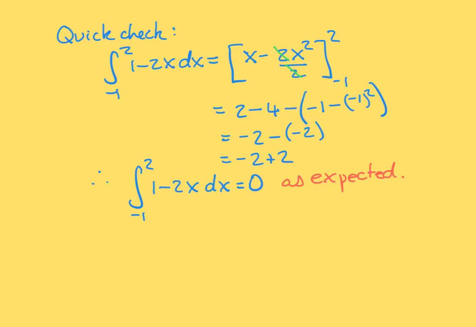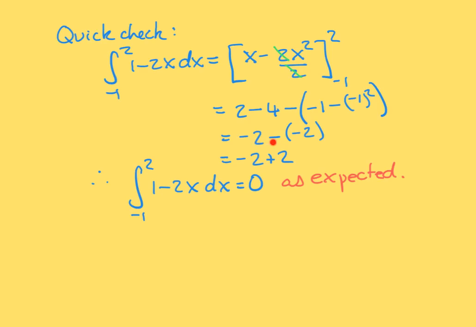And I think after the minus sign, it's very good practice to open a big bracket. So at the lower limit, this is -1, and then we subtract -1 squared. -1 squared is +1, so we have -1 minus 1. We have -2 in this bracket. 2 minus 4 is -2.